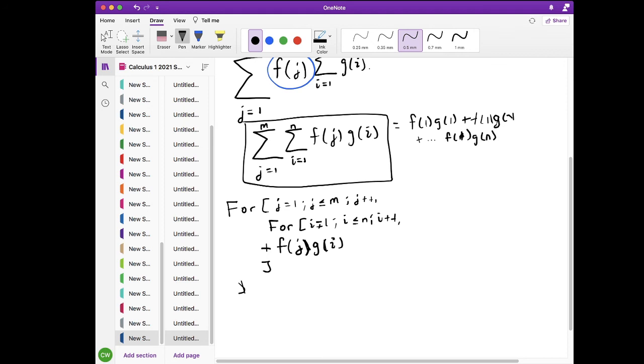So that takes care of the first j. And then you do j plus 1. So plug in 2, and then run through all the i's. You see what the double loop is doing?